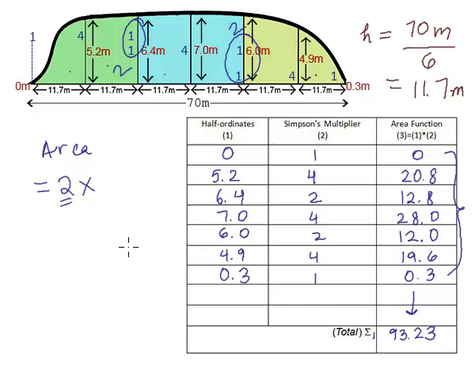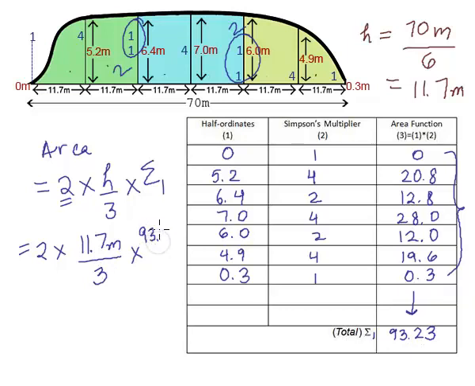So 2 times h over 3, which is Simpson's first rule, h over 3 times summation 1 or sigma 1, that is the sum of area functions. Then we just substitute the values of h and sigma 1 in the formula, which is 2 times 11.7 over 3 times 93.23 meters.